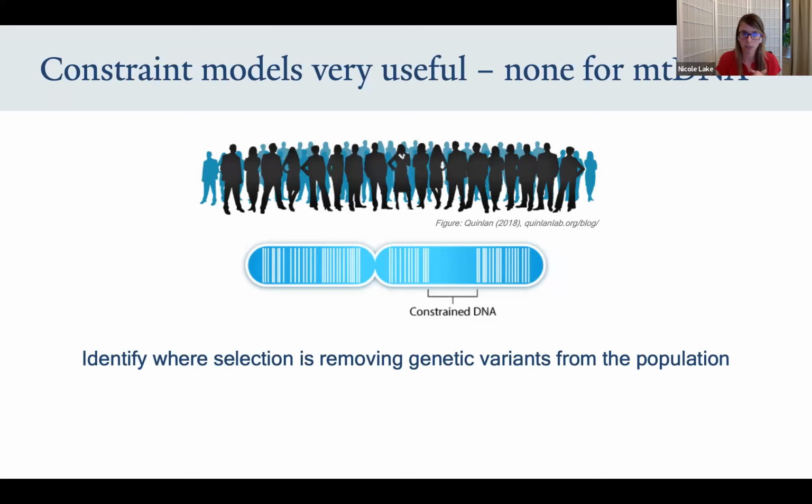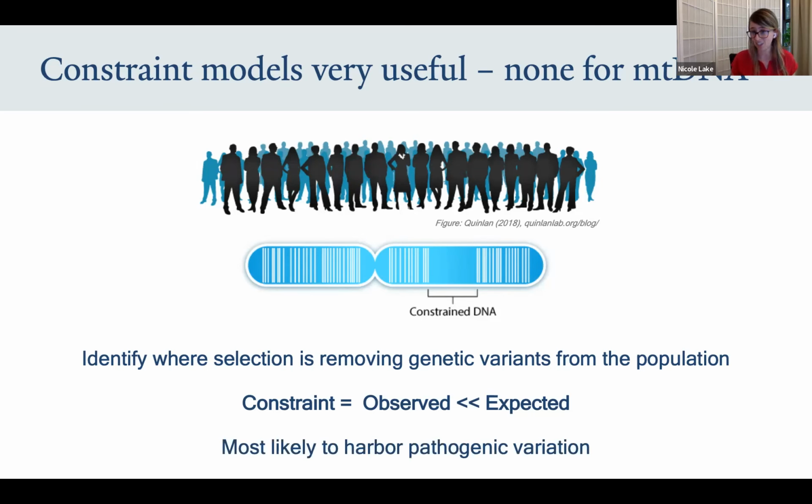Constraint models have been developed for the nuclear genome and have been widely useful, but not yet available for the mitochondria. When I'm talking about constraints, I'm talking about genes and regions where the observed level of variation in the population is less than expected based on a mutational model. And the reason that these have been highly useful for variant interpretation is because these constrained regions are enriched in pathogenic variation.